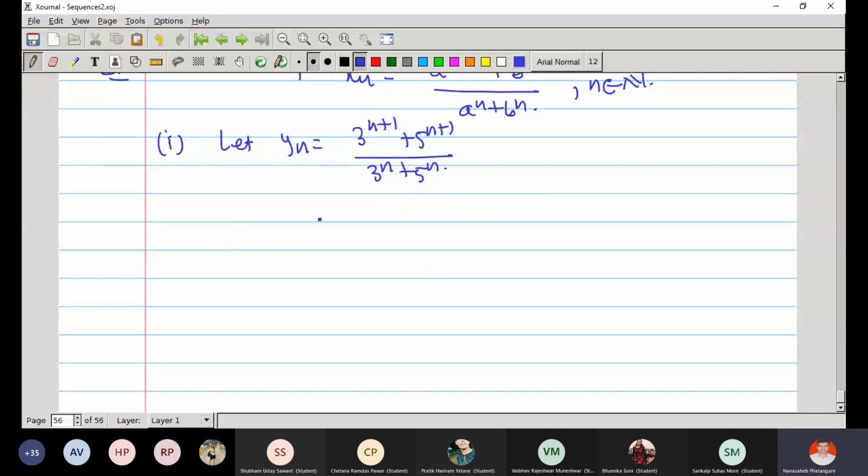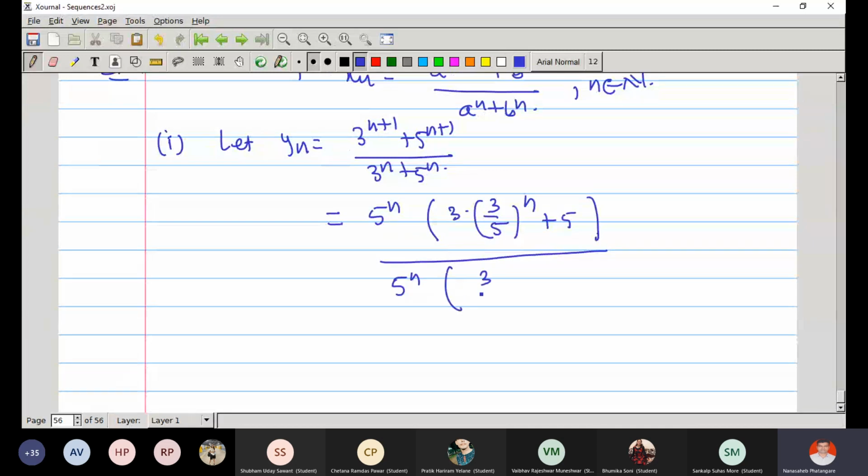What is the limit? So what I will do, I will take 5 raised to n outside from the numerator. So 5 raised to n, what will be here? 3 into 3 upon 5 raised to n plus 5 in the numerator. You check the calculations. 5 raised to n, 3 upon 5 raised to n plus 1.